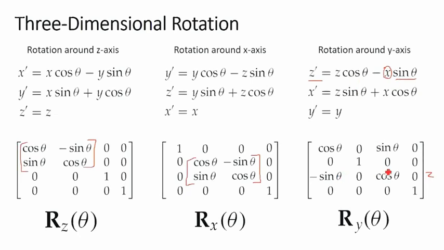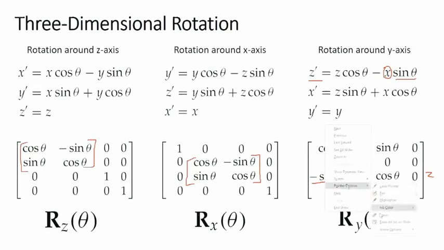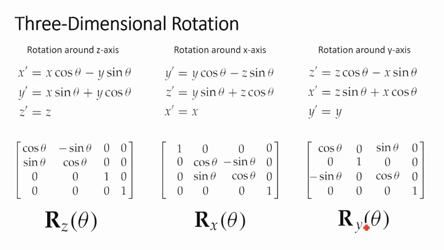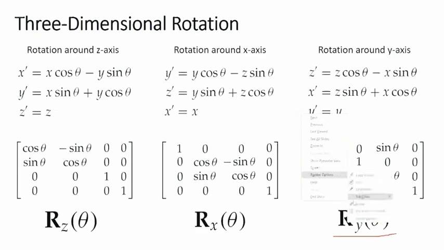So that is what we would need. That's why the sine in the second row gets the negative symbol. And the notation for this rotation matrix is Ry of theta. So this, guys, is about three-dimensional rotation.